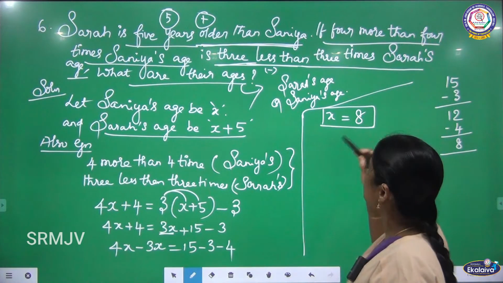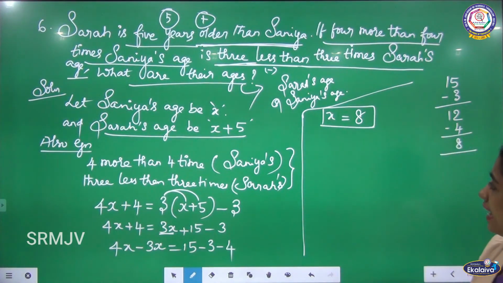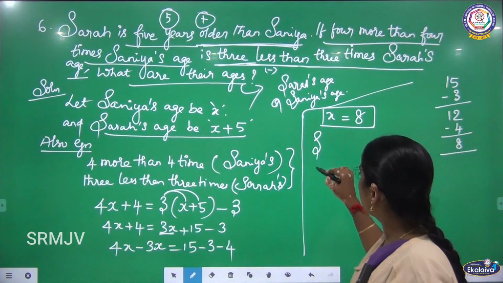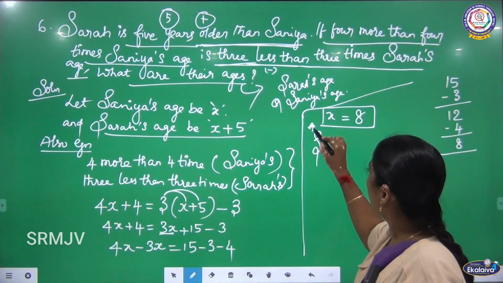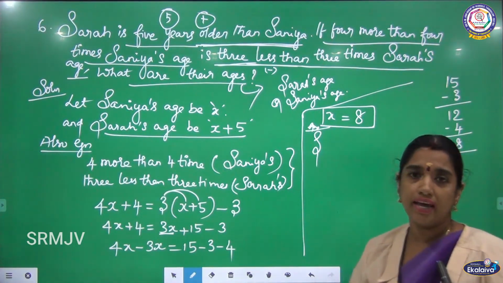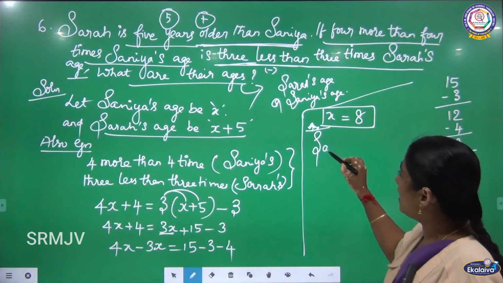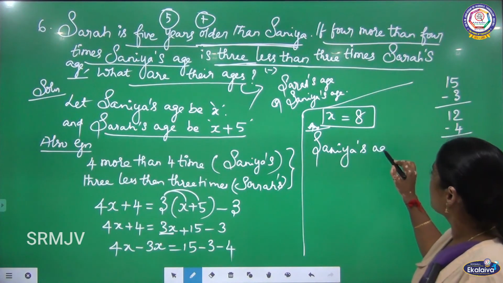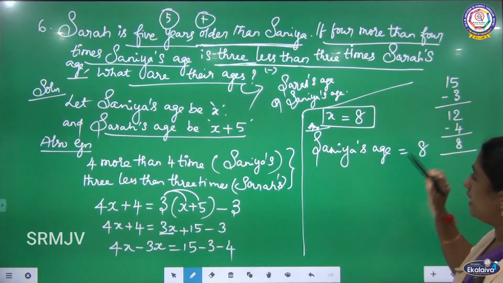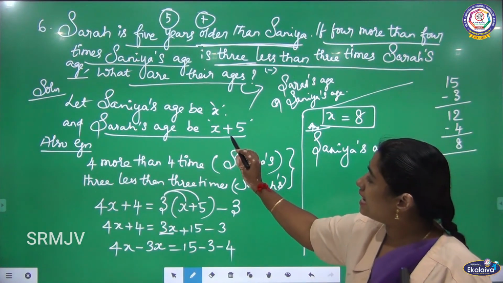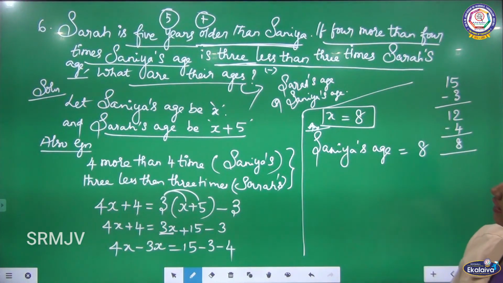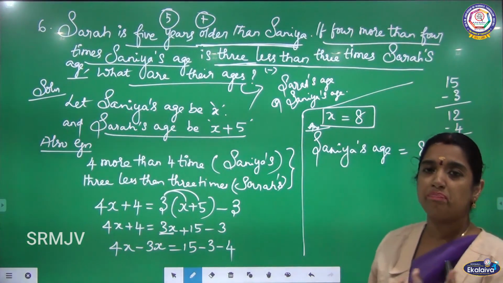This x is equal to 8 is the age of Sania. Okay. Now I am going to write the answer. Sania's age is equal to 8. But see Sarah's age, what is given in the statement? 5 years older. So I have taken it to be x plus 5.